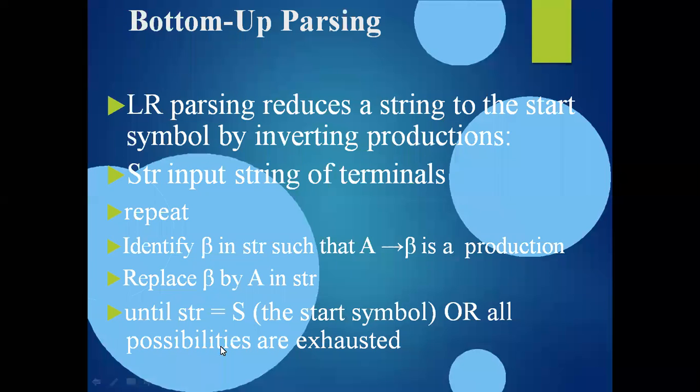And finally, we generate the starting symbol, choosing alternatives from the given grammar and checking the possibilities. That is nothing but LR, a technique used for reducing a string to the start symbol by inverting the productions.